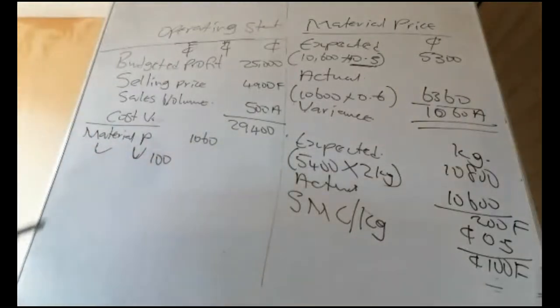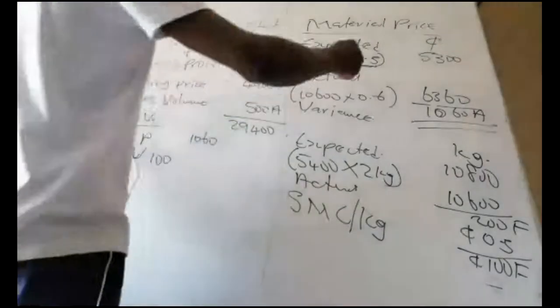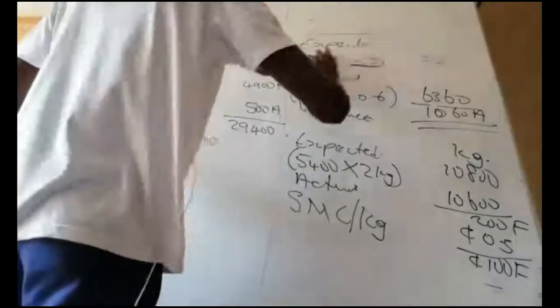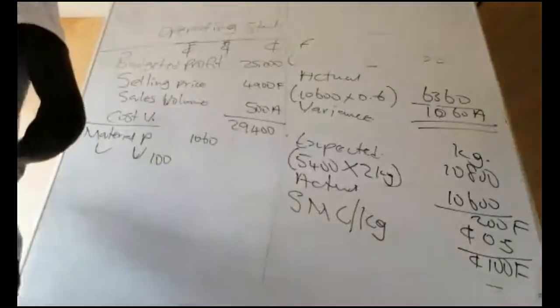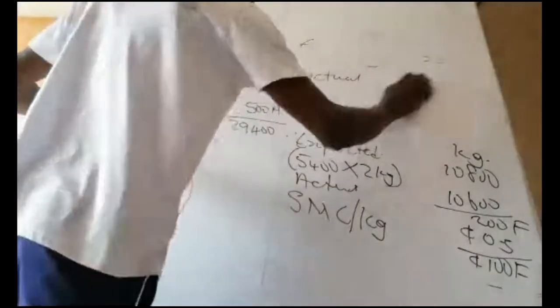Then we are almost through. The labor, I'll be very fast and do the two together. So labor, we will call it labor rates. In fact, I suppose we just clean the items here and then fix them in.